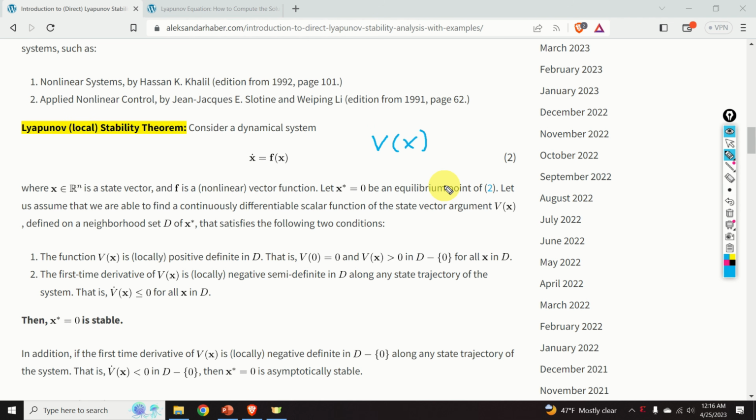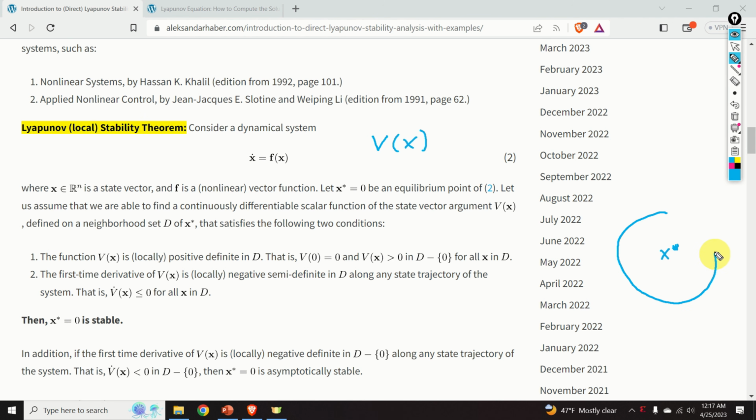So graphically, you can imagine a point x star, that is the equilibrium point of the system, and some neighborhood, denoted by D, around this equilibrium point. In this case, this neighborhood is a simple ball in Rn.